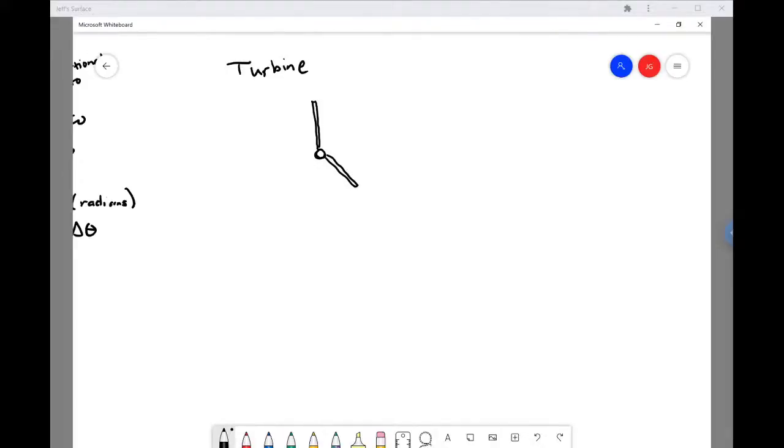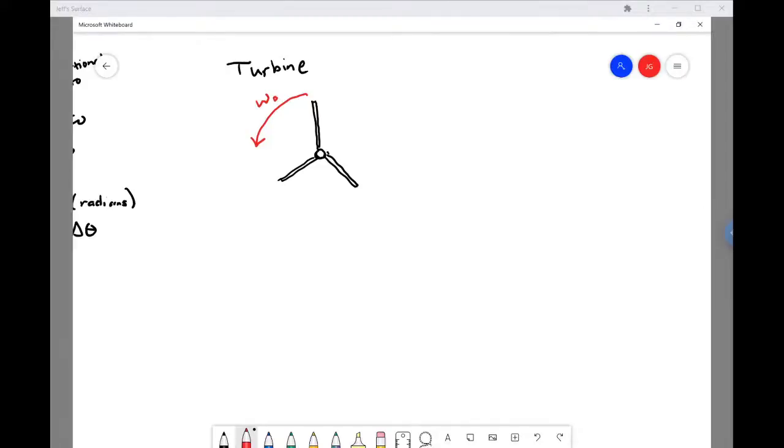Big wind turbines have 3 blades, like this. And then they're rotating. So let's think about a situation where the turbine is rotating, let's say this way. Okay, it has some initial angular velocity. It's rotating counterclockwise. All right, but it's slowing down.